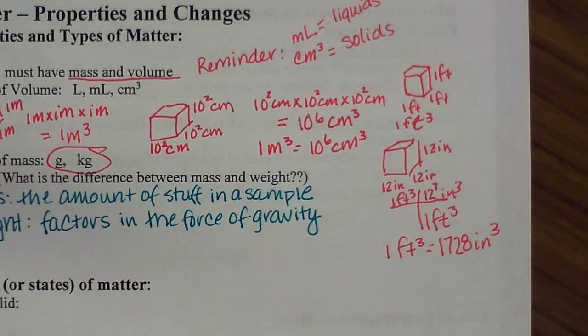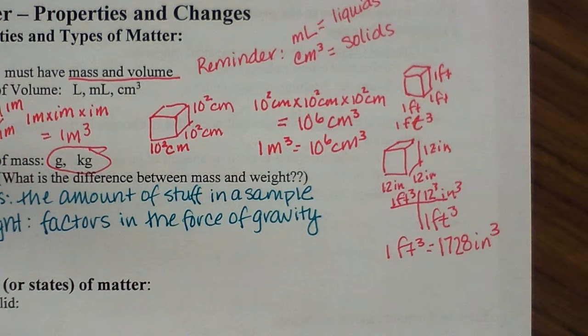If we were running an experiment using those atoms, that would be a noticeable difference if we were using weight, because they weigh a lot less. The difference in gravity between here and the top of Mount Everest, or even Denver, is not much to us, but it's huge to them. A great percentage of their weight has changed.